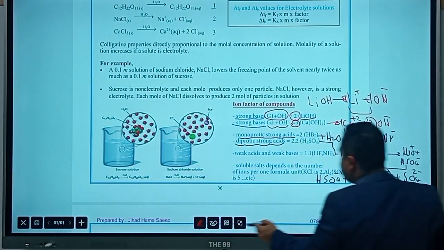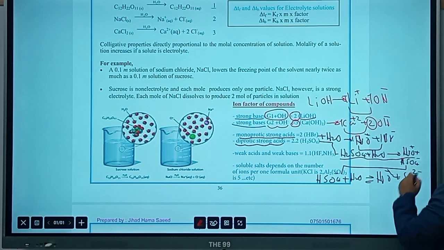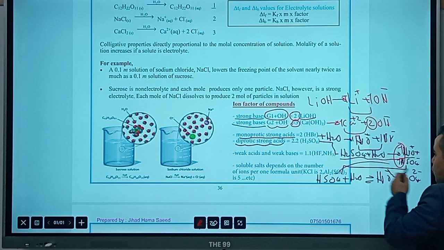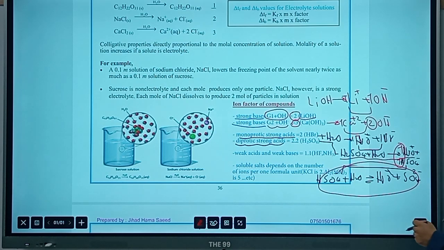Guys, in this case, the first ionization step, the sulfuric acid acts as a strong acid, so it has got 2 ions. But the second step, it becomes weak, and the weak ones do not completely ionize.